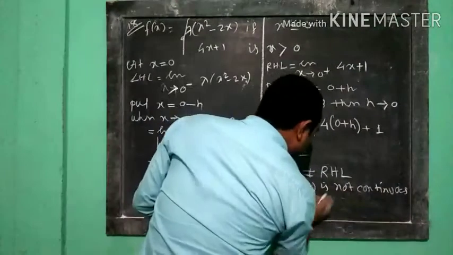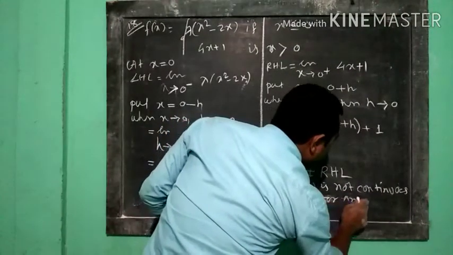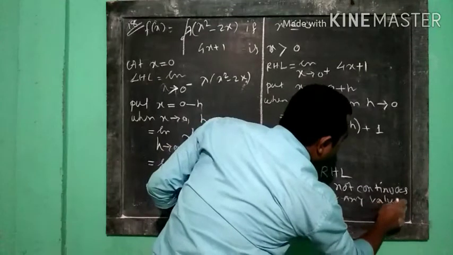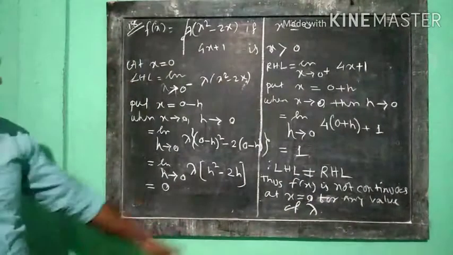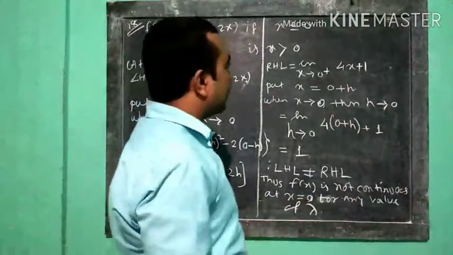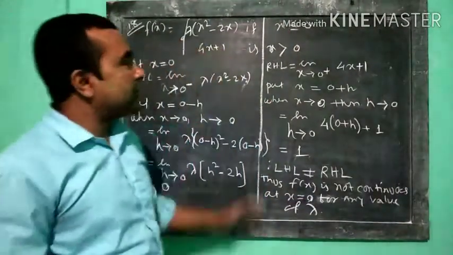For any value of lambda, at x equal to 0 the function is not continuous, that is, it is discontinuous.